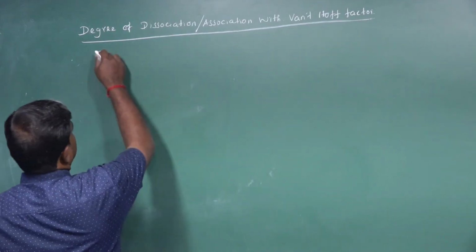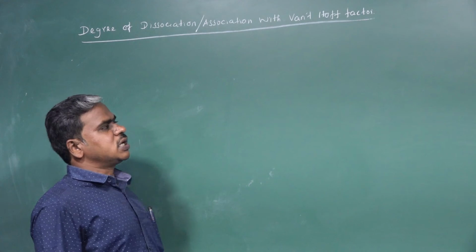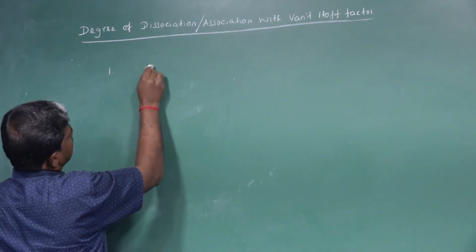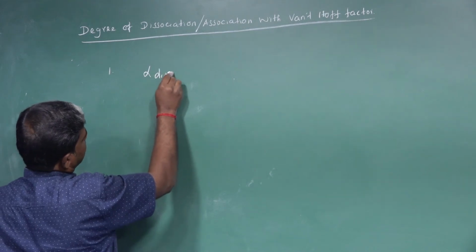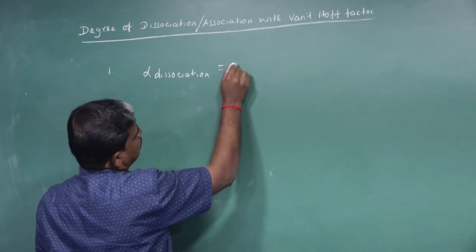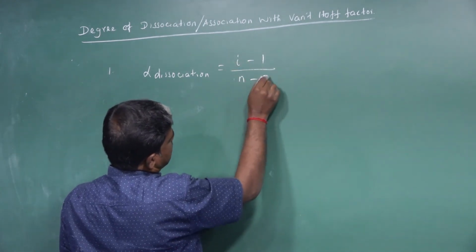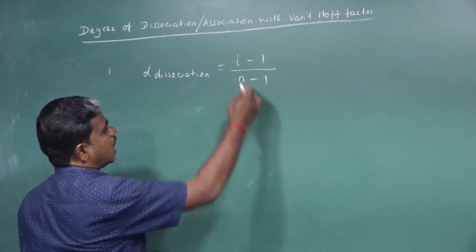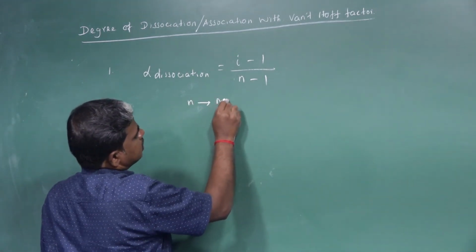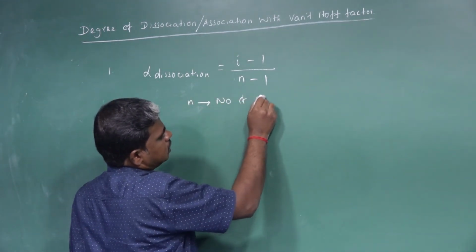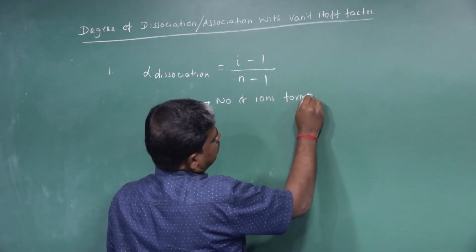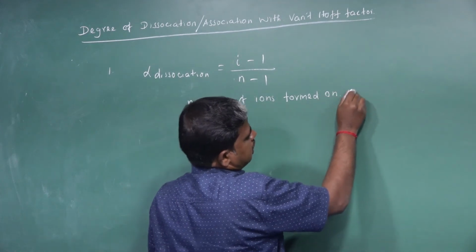Now we take the degree of dissociation or association with the Van't Hoff factor. First, the degree of dissociation is equal to (i minus 1) divided by (n minus 1), where i is the Van't Hoff factor and n represents the number of ions formed on dissociation.